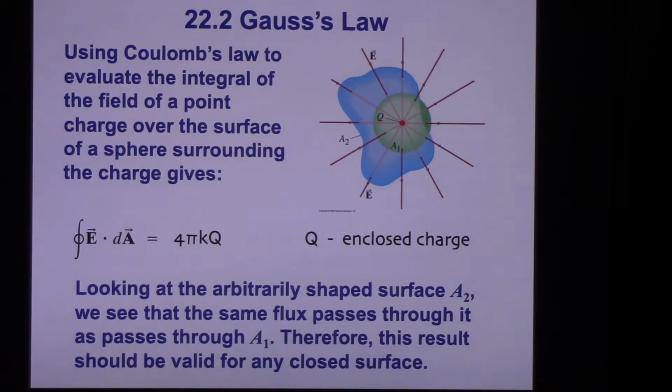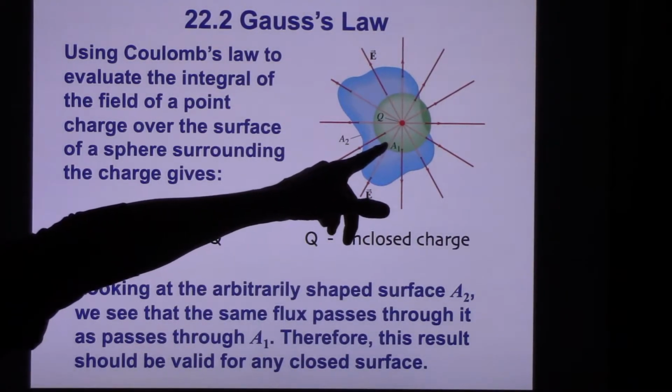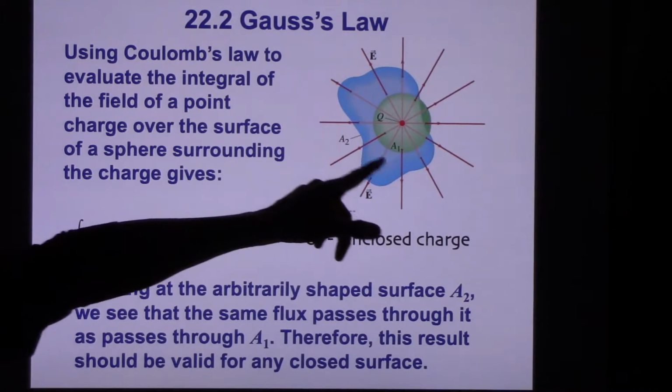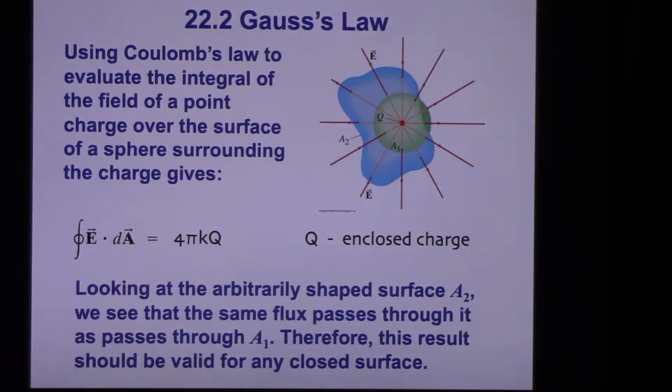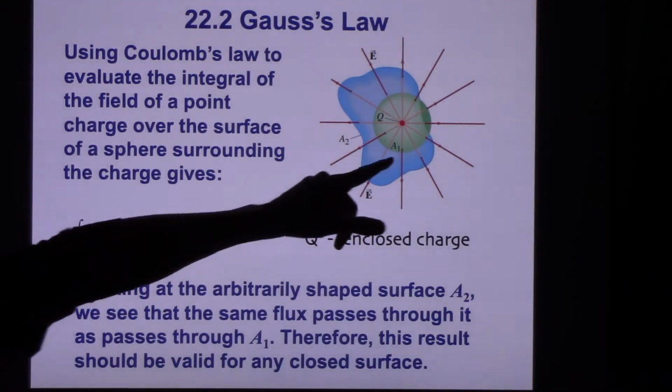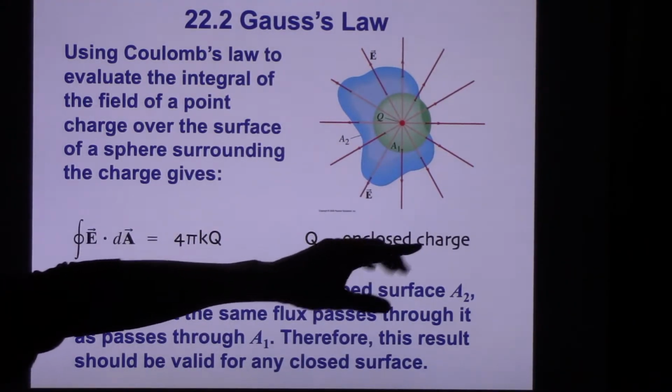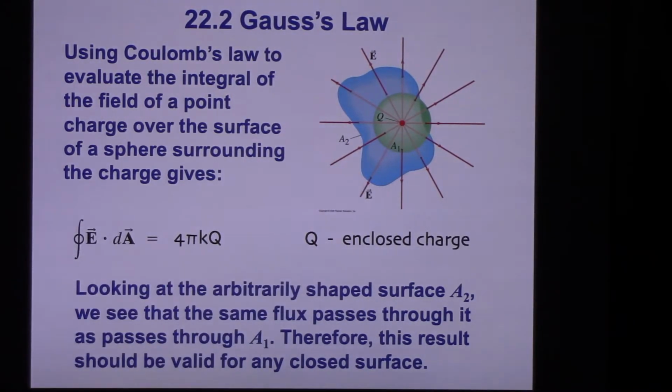Now, what all this wording is telling us is, not only does that work in the symmetric case, but it also works in kind of this random blob case. If I make a very non-symmetric surface area surrounding that charge, I'm still going to have the same number of E field lines passing through that surface area.